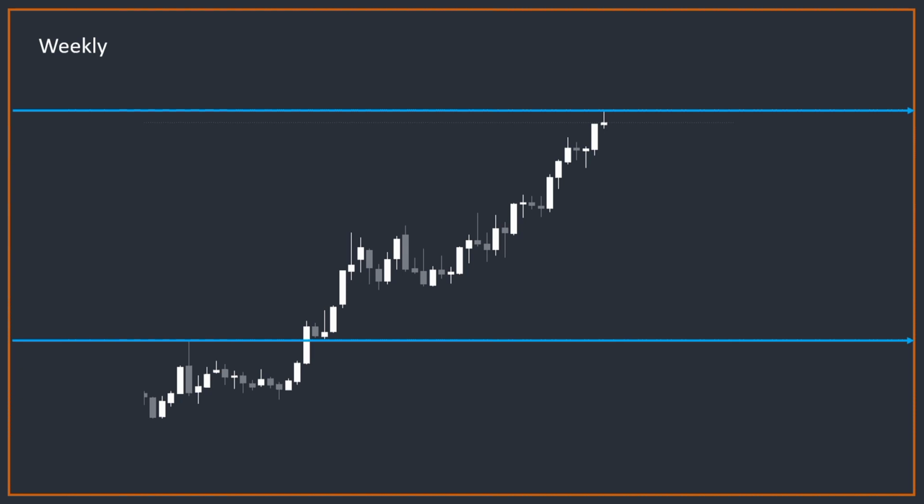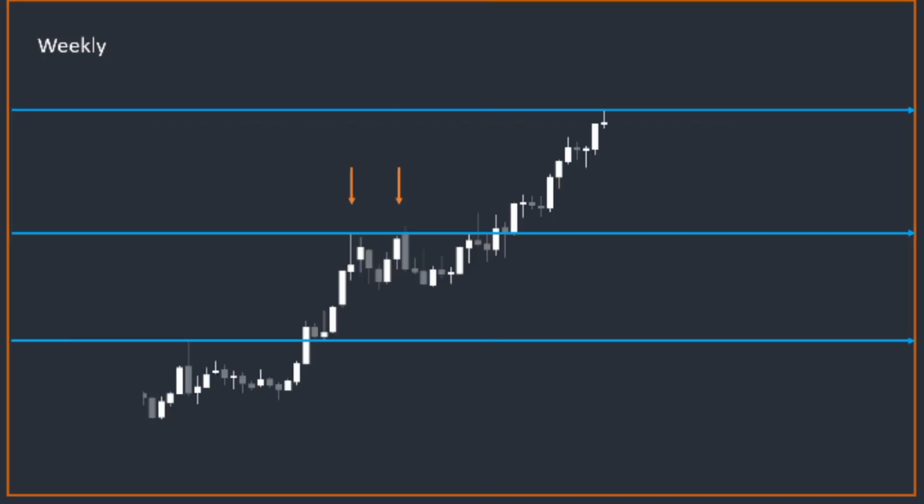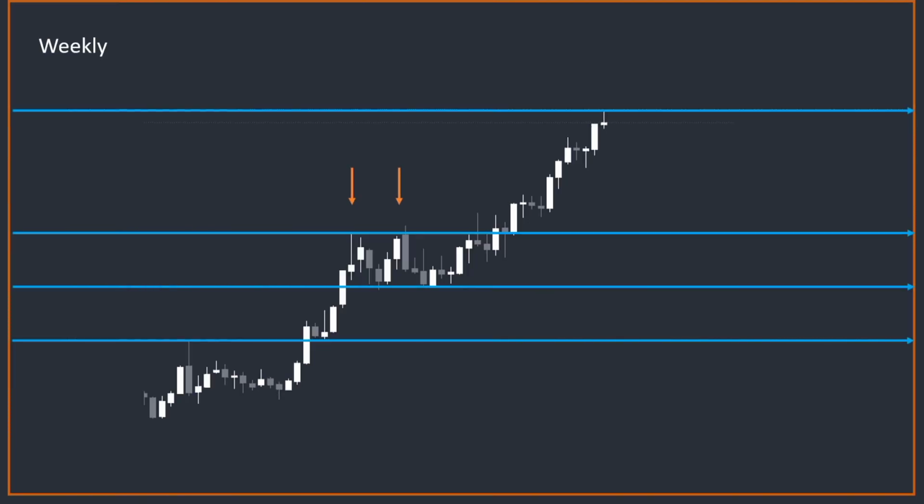We see another key level up there, and we can also mark it. We can also notice that price rejected from this level and again rejected from there. When we look here at the bottom we could also draw another line. This is another obvious key level, and we can clearly see that price also rejected from these two levels.